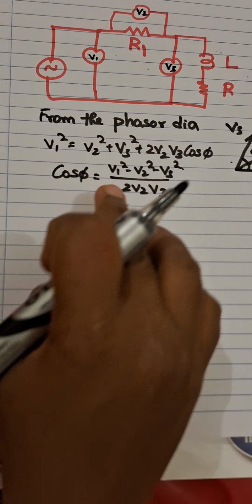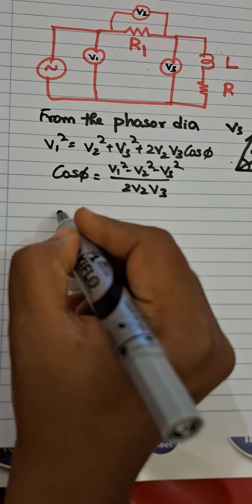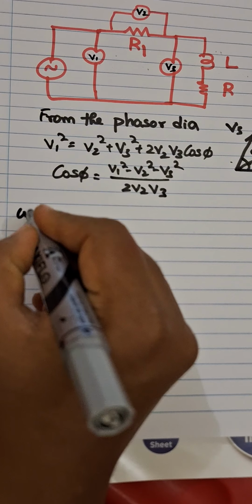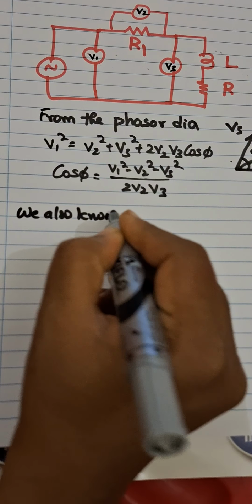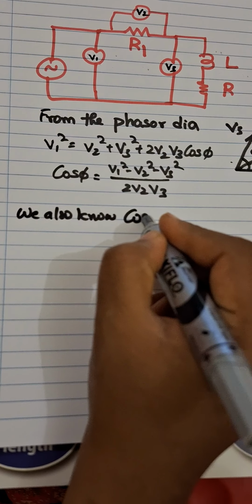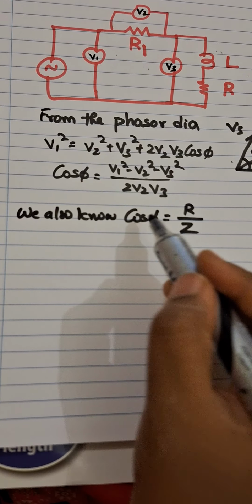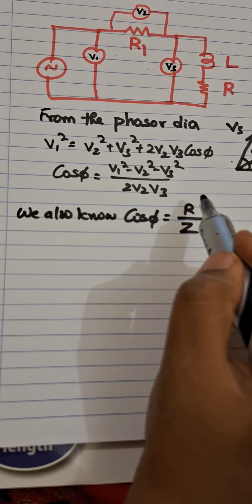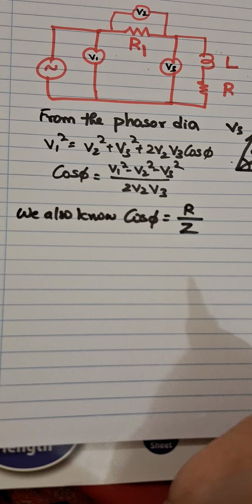So this is what we know already. But we also know cos phi is equal to R by Z, meaning cos phi is the resistance of the circuit divided by the total impedance of the circuit.